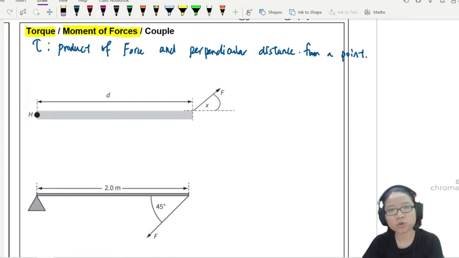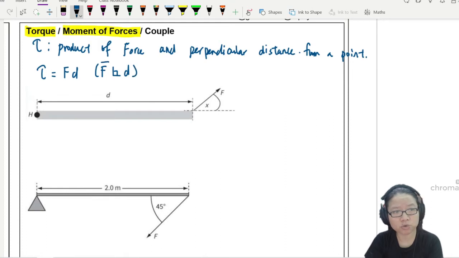You can't define torque as a force that causes rotation because that is too general. Torque is actually a mathematical definition. In equation form, torque is equal to F times D, where F is at 90 degrees to D.